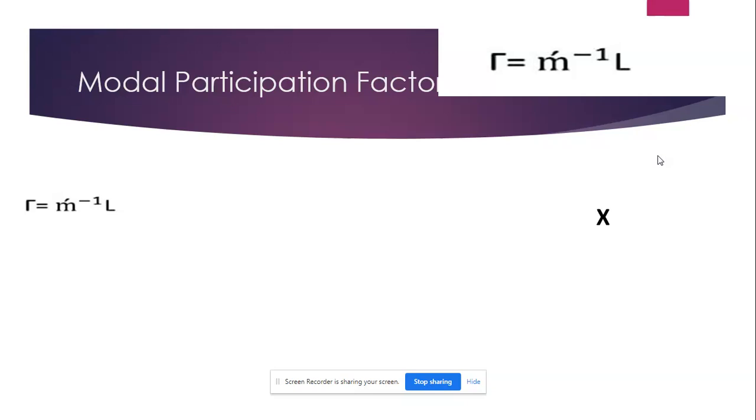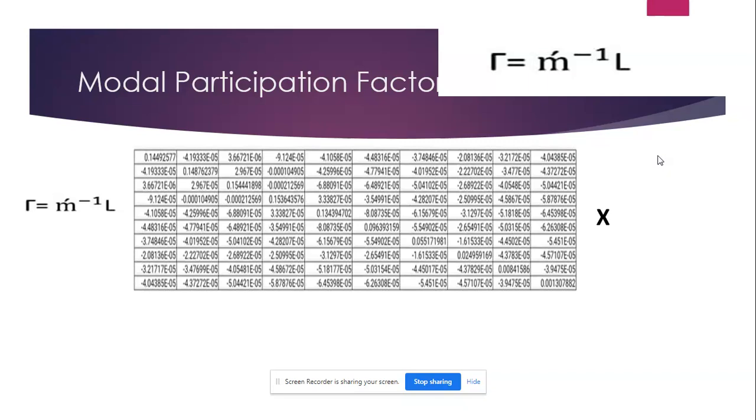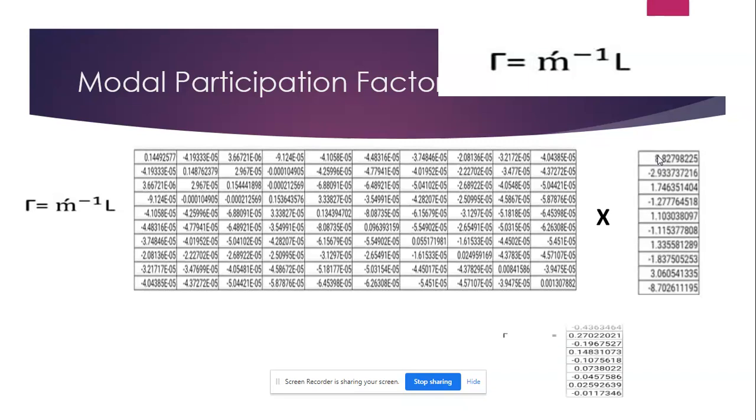This is the last part in solving the modal participation factor. We already have all the values, all we need to do is multiply. So that is the result.